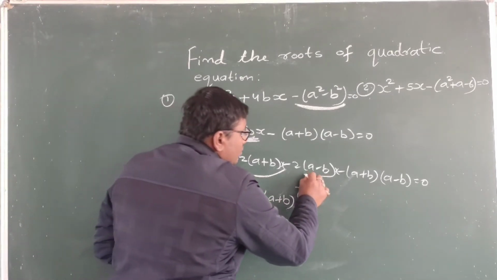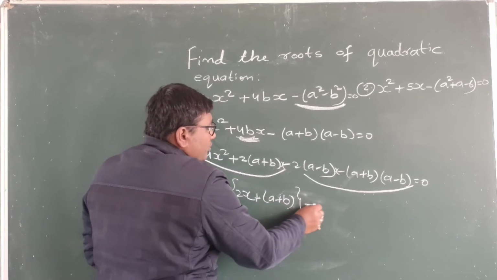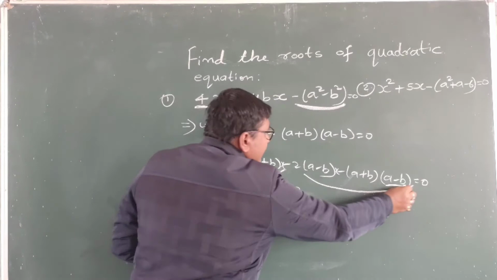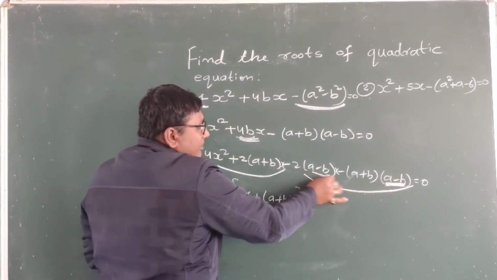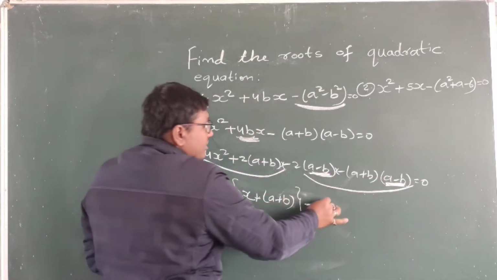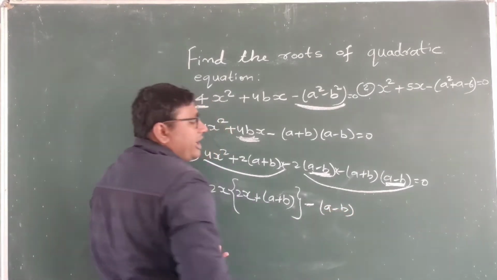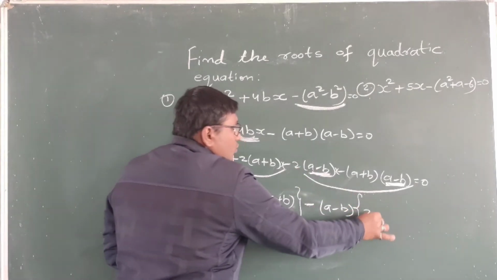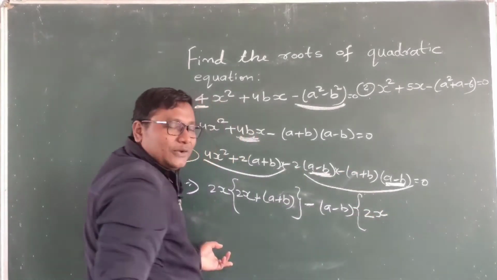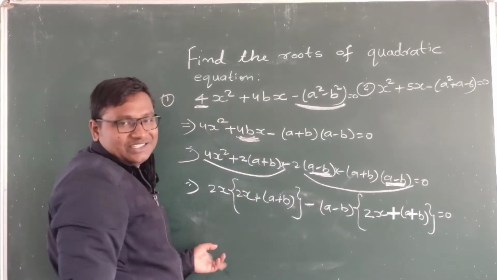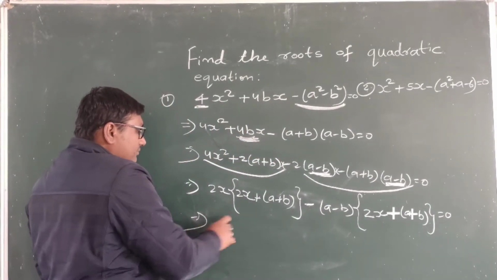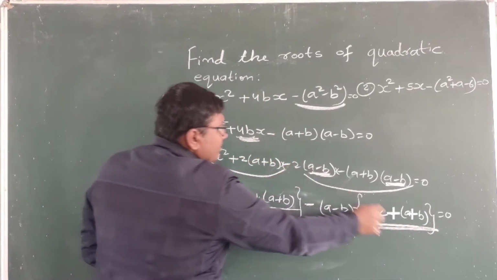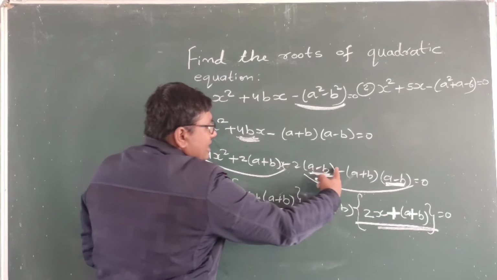And now in these two terms, what should be taken as a common? Minus is here, I have put minus here. So a minus b is in this term and a minus b is in this term also. So a minus b should be taken as a common. What is left? Here it is 2, then x, is equal to 0. Now again this will be taken as a common, because of this minus, this will be plus.